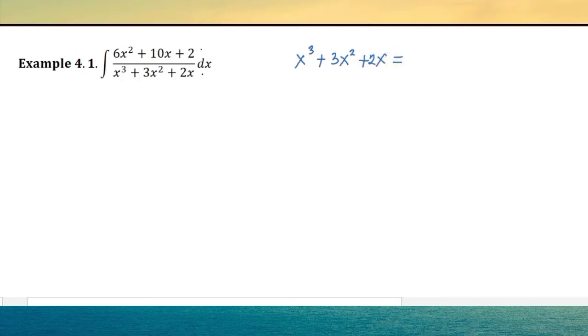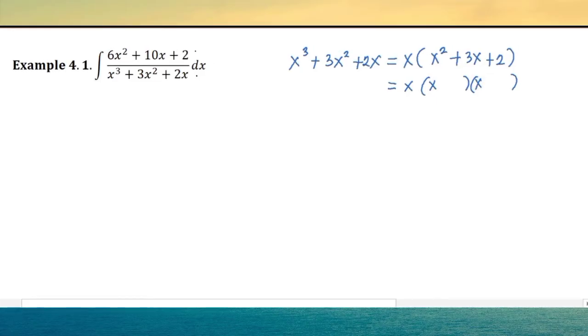This is equal to x. Pa-factor out natin since common yung x. So this is x squared plus 3x plus 2. So x, and factor out natin to. So this is x and this is x.